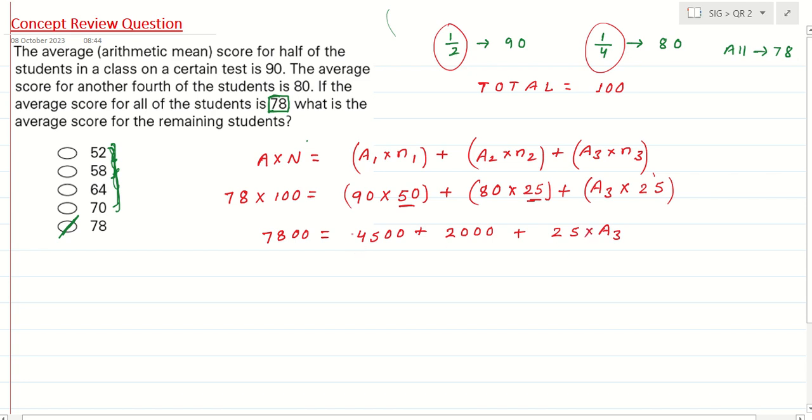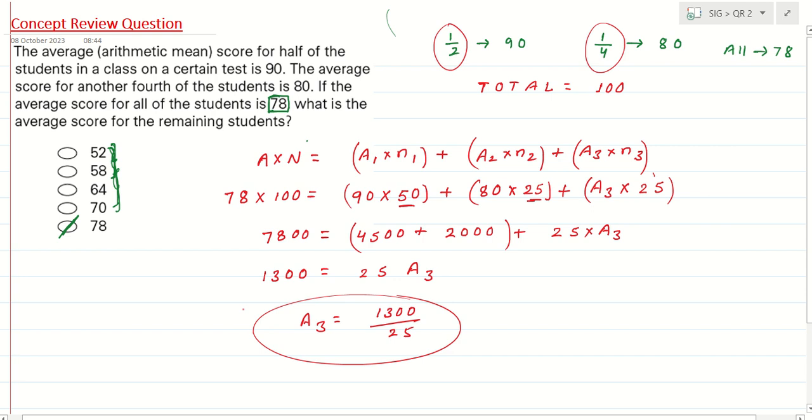So let's add together and subtract from 7800. 7800 minus 6500, how much will we get? 1,300 equals 25 into A3. So how to find the value of A3? 1,300 divided by 25. So what is the answer we get? 52. And that's your answer.